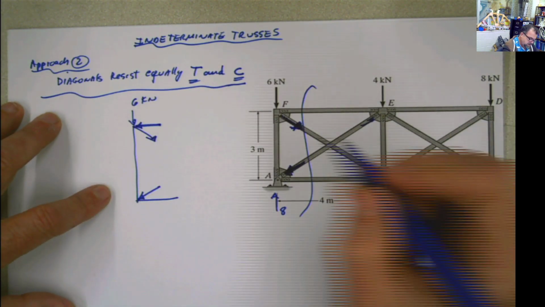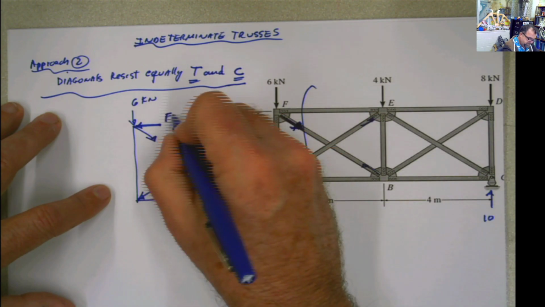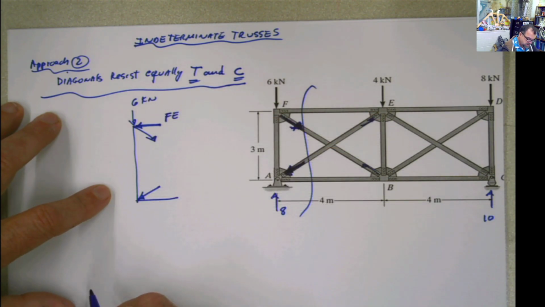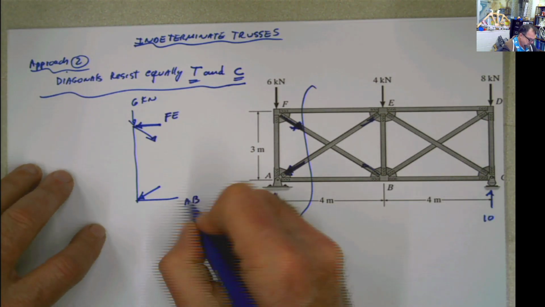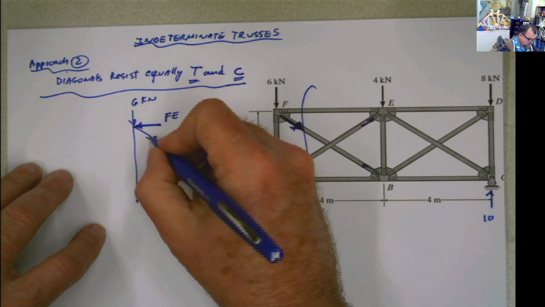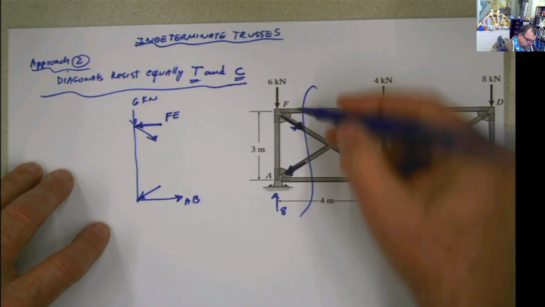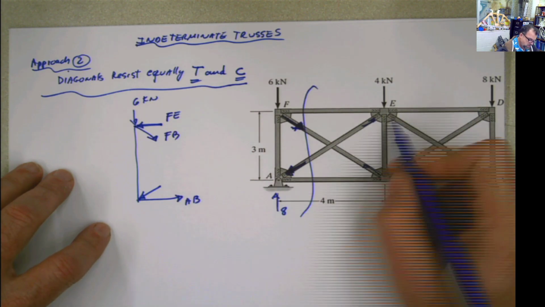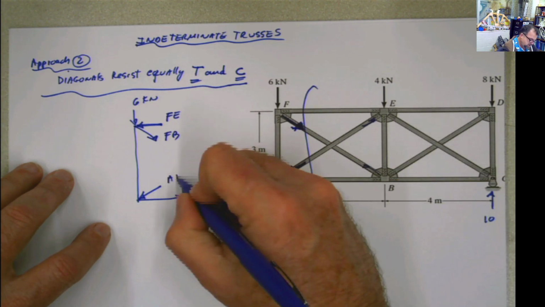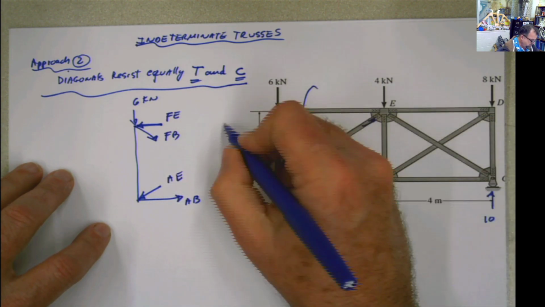and this is FE, and this is AB, tension, compression, yes, and this originally is called FB. And this originally is called AE. Once again, you have the 3, 4, 5 triangle.